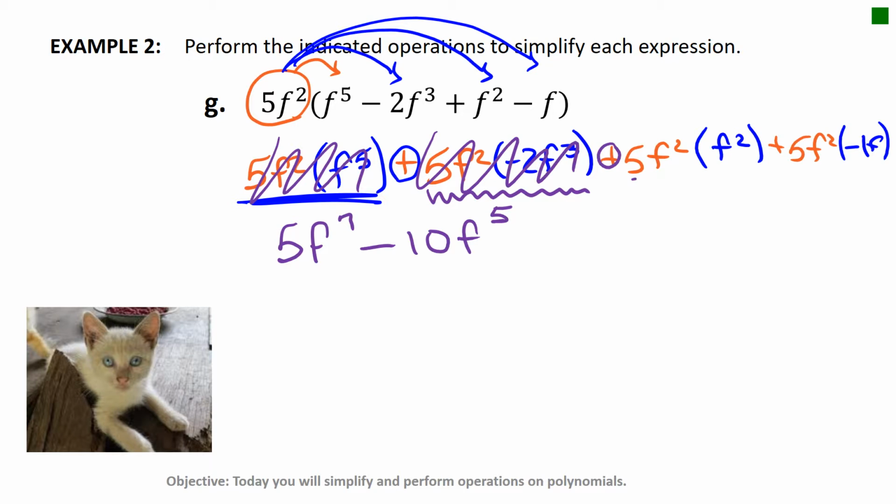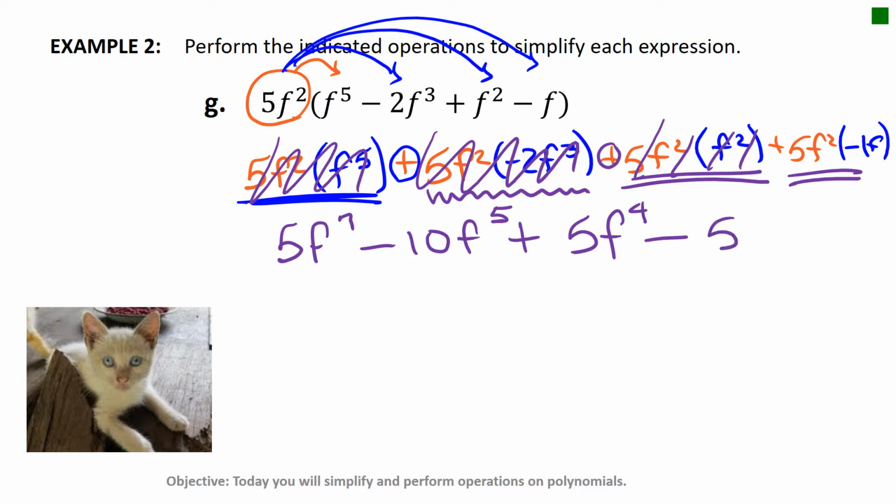Done with that term. Here's the next one in between plus signs. So it's a plus. There's a 5. How many f's? 2 plus 2 is 4. Done with that one. And at the very end, I've got 5 times negative 1, so that's a negative 5. And then how many f's? Remember, there's a 1 there, so 2 plus 1 is 3.